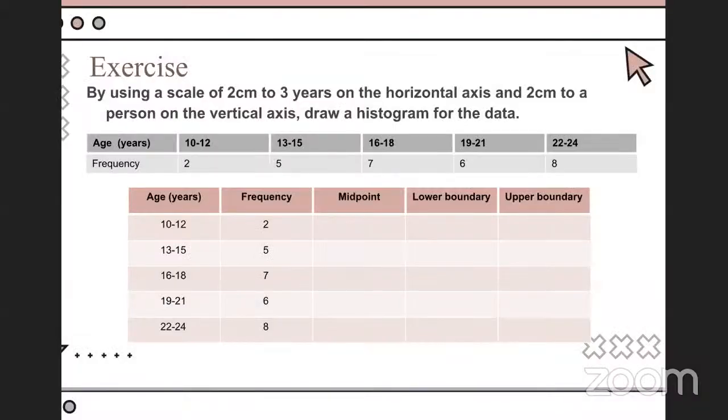Another table, which looks like this. Okay, so we do a quick one. Can anyone just type their answer?